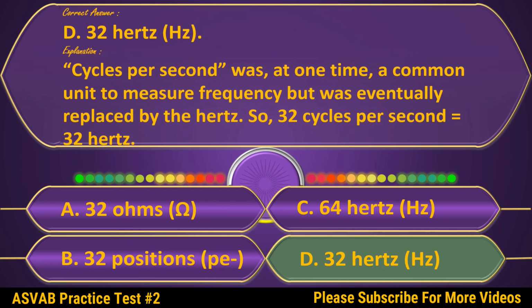The correct answer is option D, 32 hertz. Cycles per second was at one time a common unit to measure frequency, but was eventually replaced by the hertz. So 32 cycles per second equals 32 hertz.